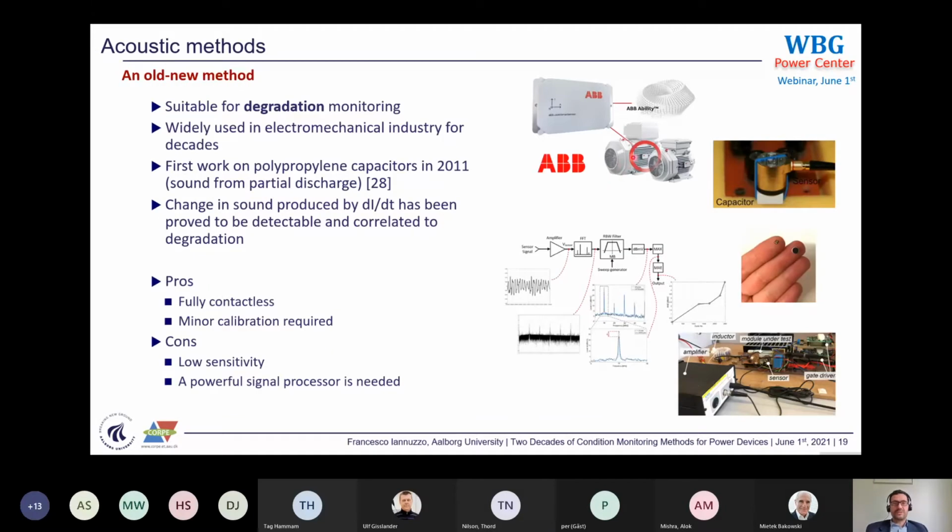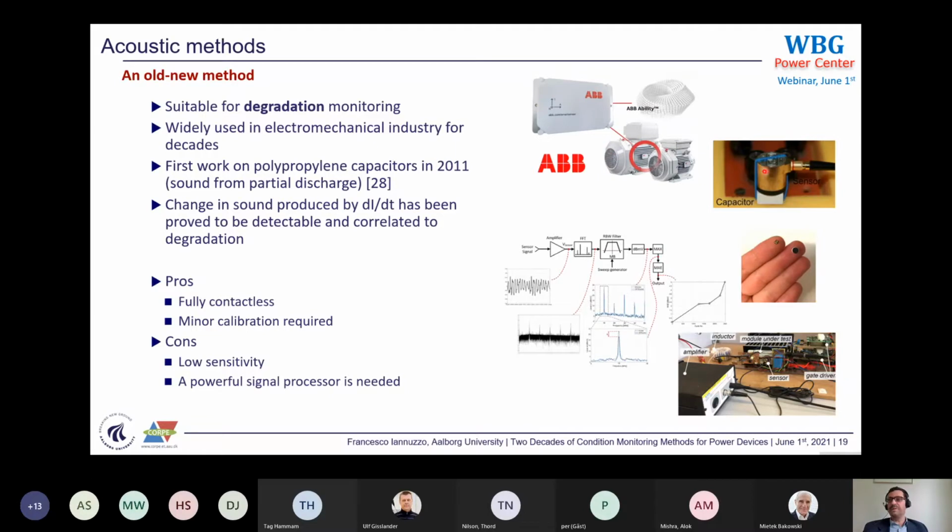They put basically a pad on the side of the motor, and this pad monitors vibration and compares with the database of vibration patterns. And in case of large discrepancy, they can conclude something is going on, maybe at the bearing level or something like this. However, this kind of method has been successfully demonstrated also on power electronics, for example, in polypropylene capacitors.